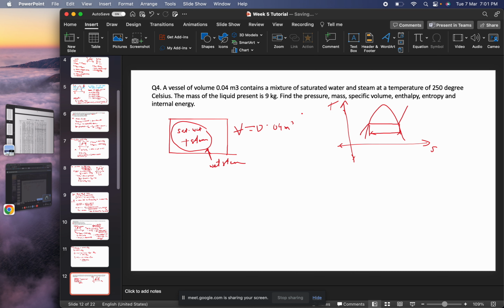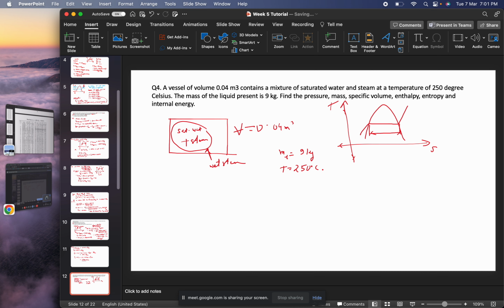So that pressure value is not given to us. What is given is that the mass of the liquid is 9 kg, the volume as written, and the temperature is given to us as 250 degrees Celsius.